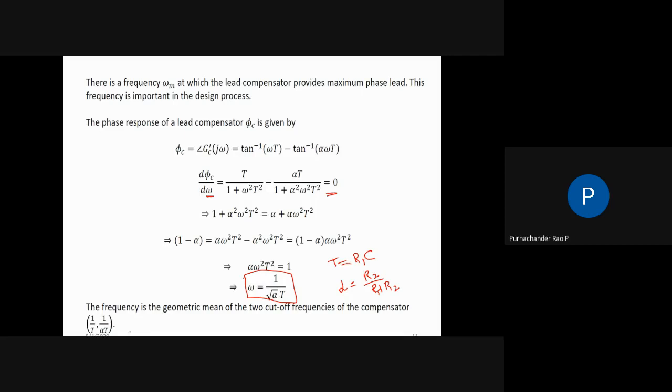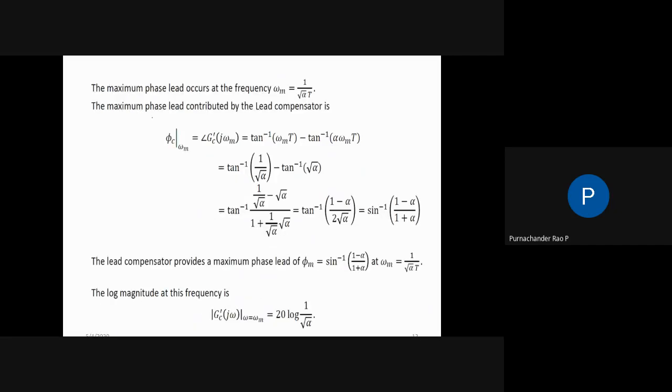One corner frequency is 1 by t and another is 1 by alpha t, and omega m is the geometric mean of these. So the maximum phase lead occurs at a frequency omega m equal to 1 by root of alpha t.